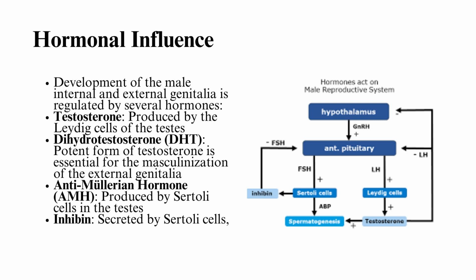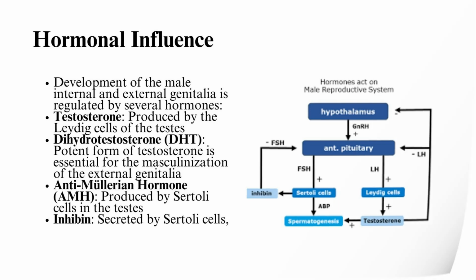Anti-Mullerian hormone, AMH: produced by Sertoli cells in the testes, AMH induces the regression of the Mullerian ducts, preventing the formation of female reproductive organs. Inhibin, secreted by Sertoli cells, helps regulate the function of the hypothalamic-pituitary-gonadal axis, particularly in the regulation of sperm production.